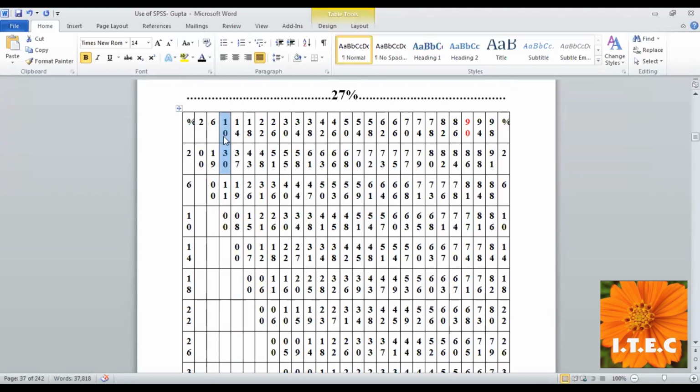And so you know the value for the top 10 and the bottom 2 and bottom 6.